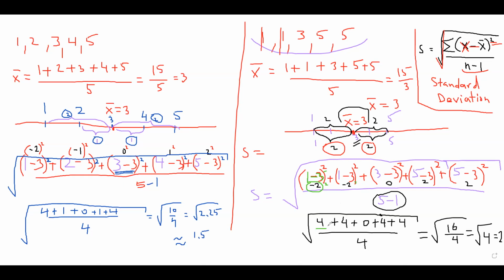Notice when you square -2 it's 4, and another -2 squared is 4. 3 minus 3 is 0. Then 5 minus 3 is 2, you square it, it's 4. And here's another 4. So you add these four 4s, that's 16, divide by 4 is 4, so the square root of 4 is 2. So the point is you need to make sure that you subtract 1 in your denominator.